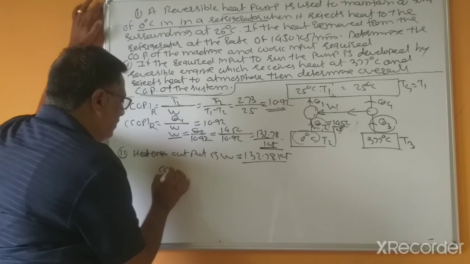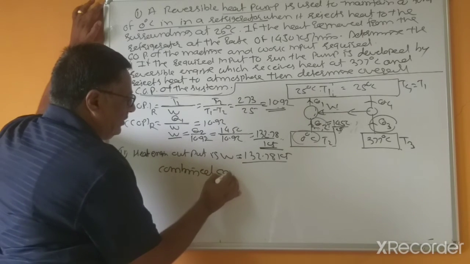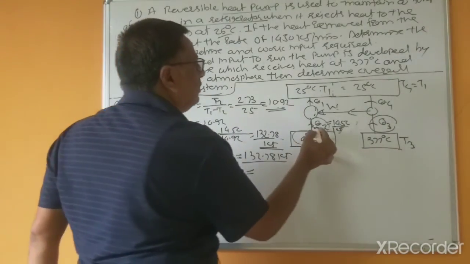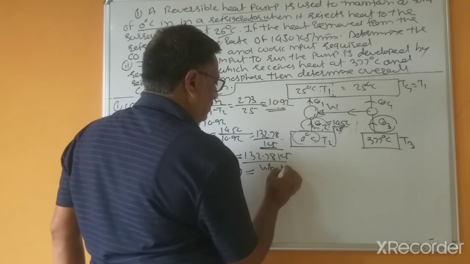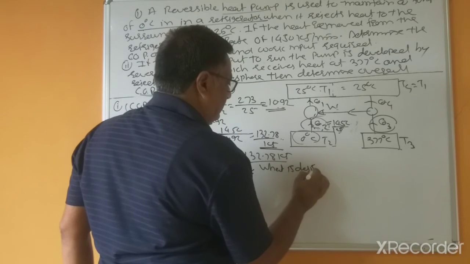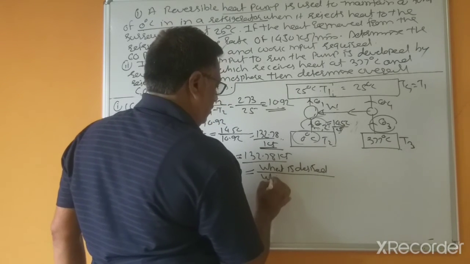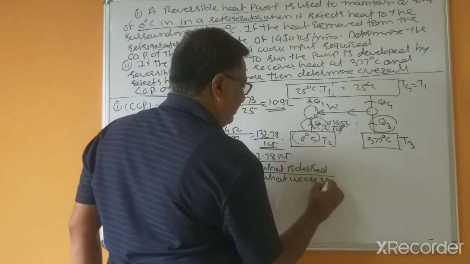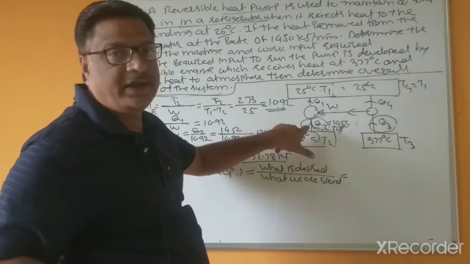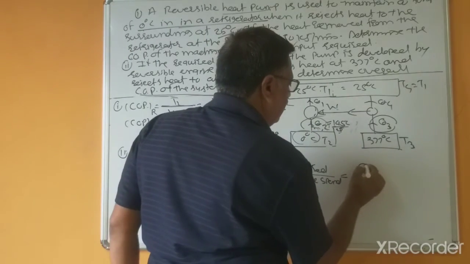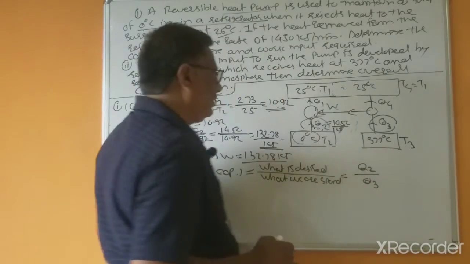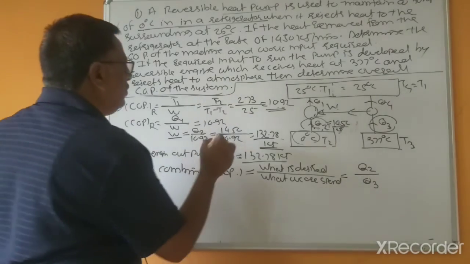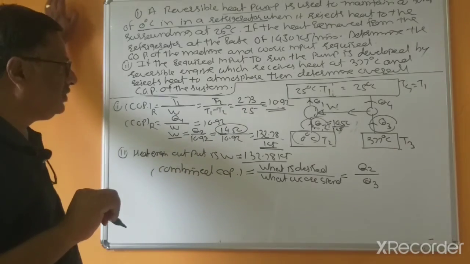Overall combined COP equal to what is desired and what we are spending. Desired here is the refrigerator, the amount of heat extracted, divided by what we are spending, Q3. Q2 is known, 1450.